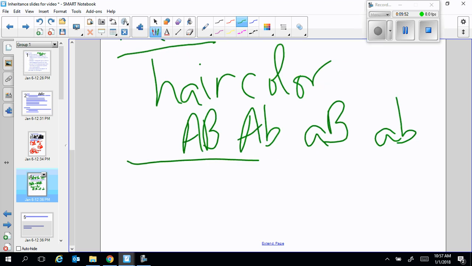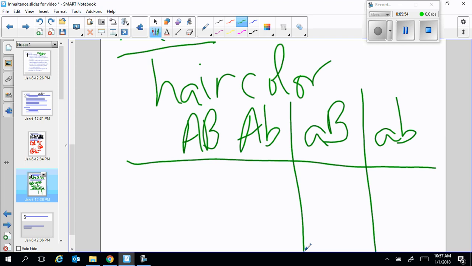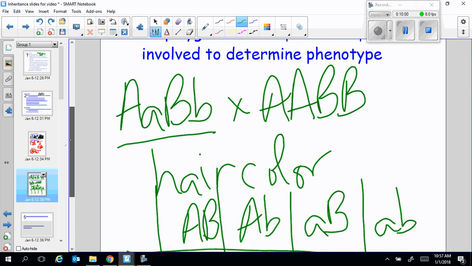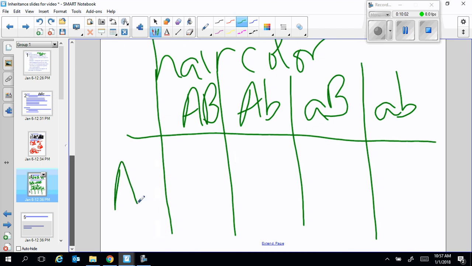All right, so when I do my Punnett square, I am going to have those. Now I go to my other parent. There's only one possibility for this parent, a big A with a big B. So I actually only need to make my Punnett square have 4 boxes. That's all I need. There's no need to make 16 boxes if you're going to repeat the same thing over again. All right, and so then I would go through and I would get 4 different possible genotypes.